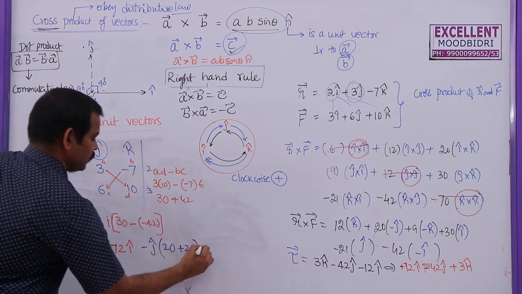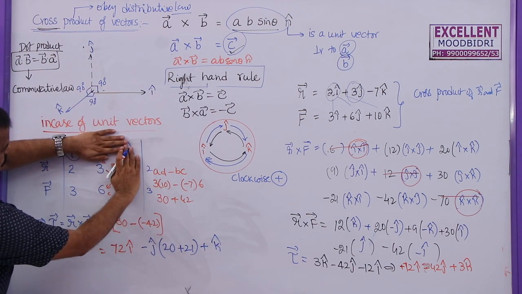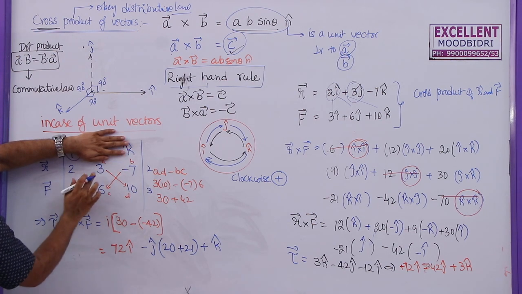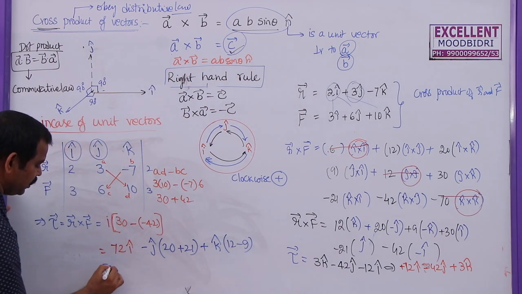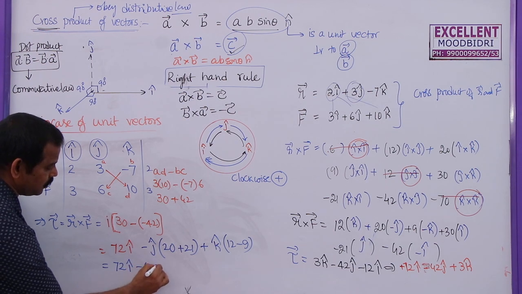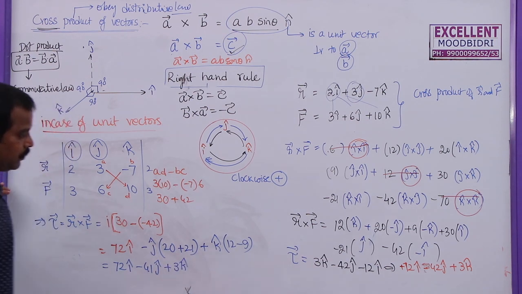Then k cap, close this one and this one, you are left with 2 3s, 3 6. So 2 3s are 12 minus 9. So the final expression is 72i cap minus 41j cap plus 3k cap. So this is 41 we are getting.